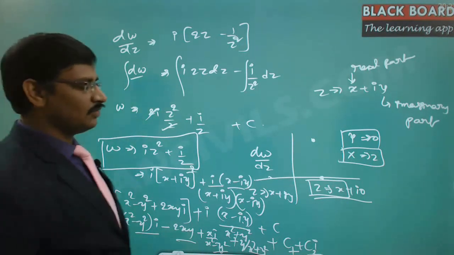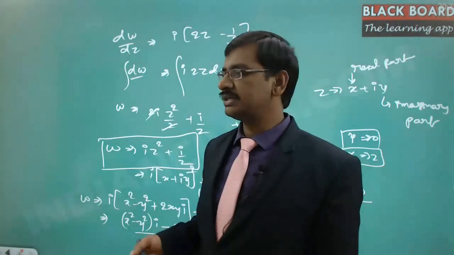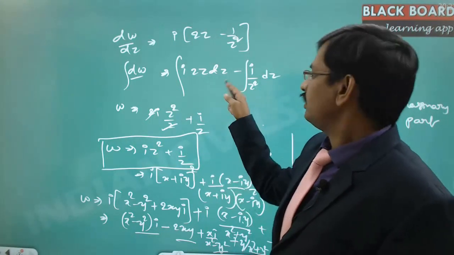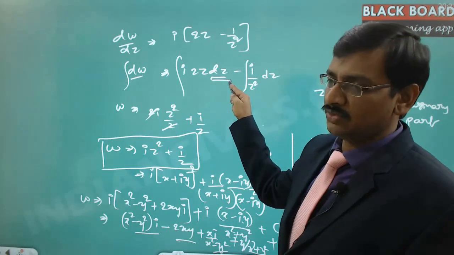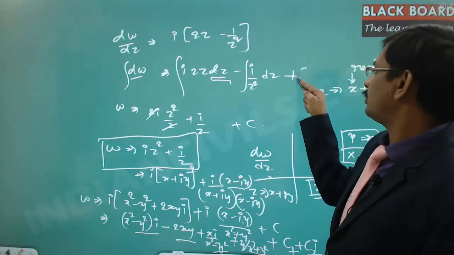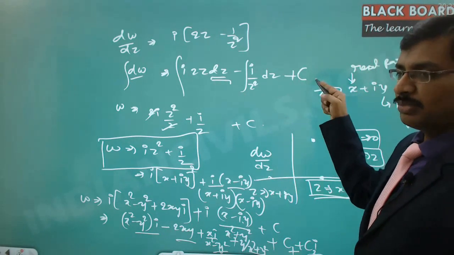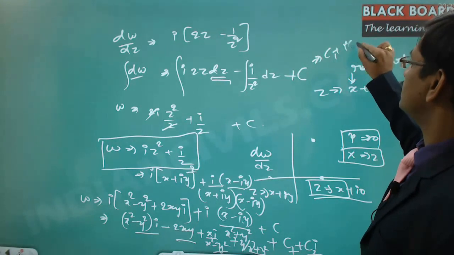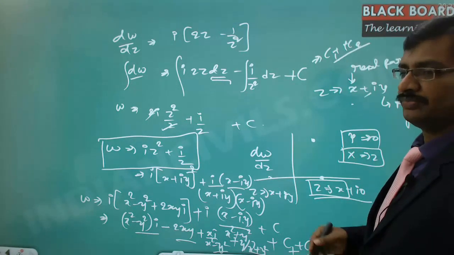As I said earlier, we were doing the integration with respect to z, but z is a complex number. As you are doing the integration with respect to z, which is a complex integration, there will be an arbitrary constant. This arbitrary constant is a complex constant, that is C1 plus iC2. This is how we need to put it. Got it?